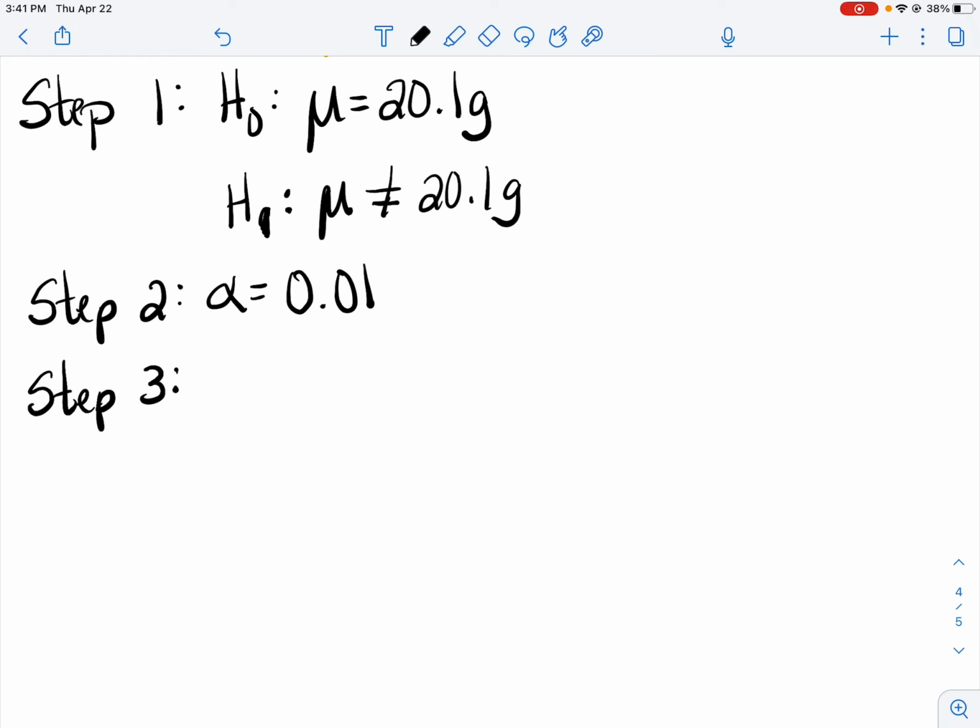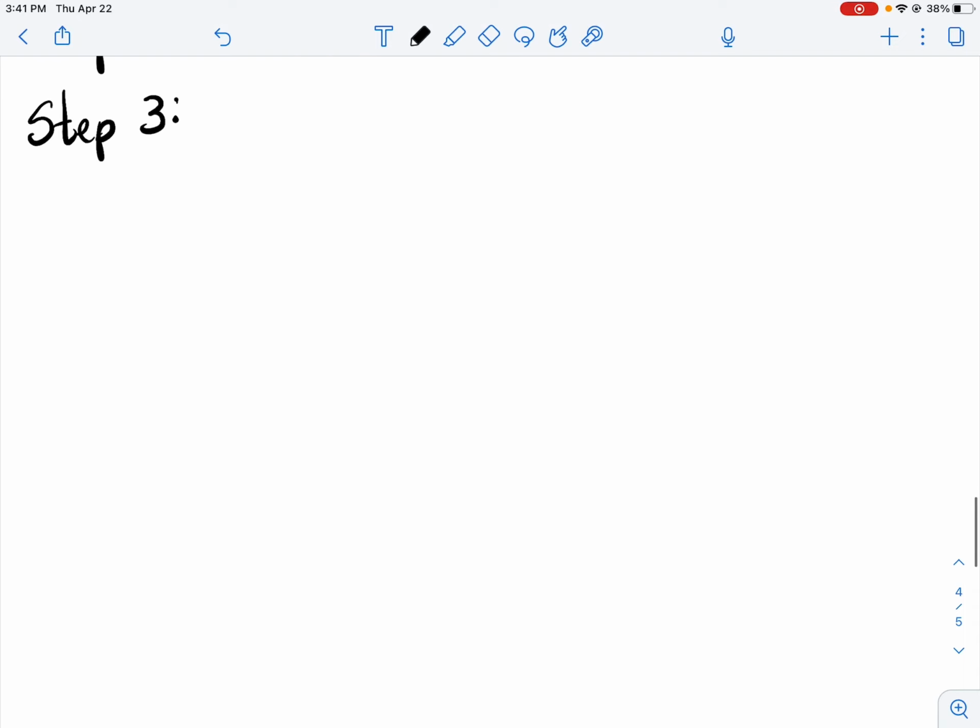Step 3, we find our test statistic as well as our critical value. If you write large, you might want to write a little bit smaller so you can get everything in that space. The formula for our test statistic is this.